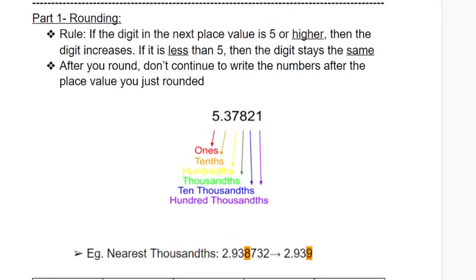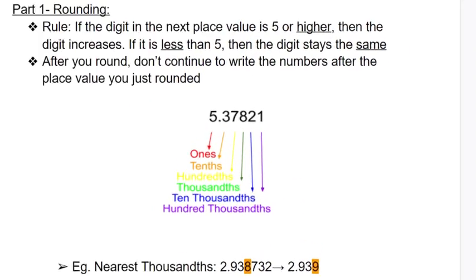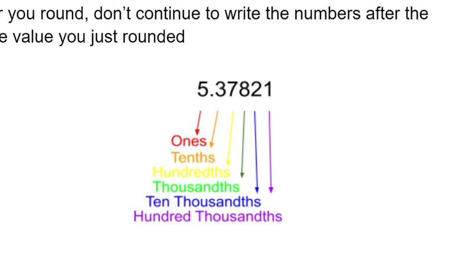So first of all, before we go on to an example, let's get a refresher on what the place values are. The digit before the decimal is going to be the ones, or if you have anything before that, like in this case, there's only a 5, so that's going to be a ones. But if there was something before the 5, for example, 1, so if it was 15, then the 1 would be the tens.